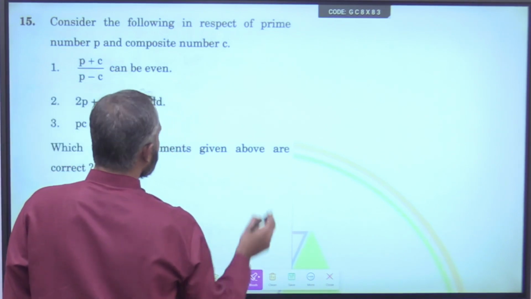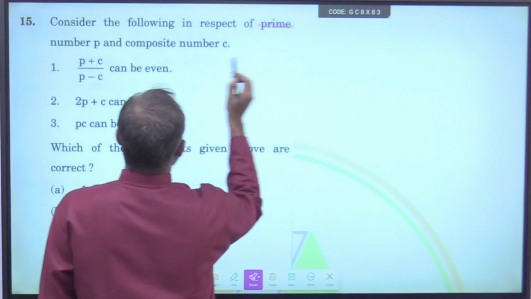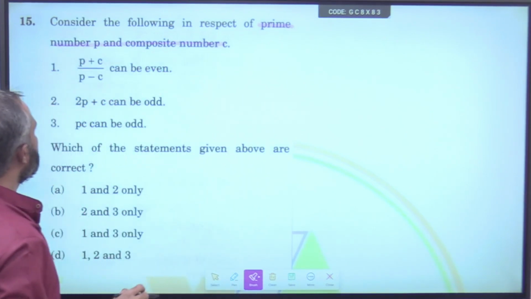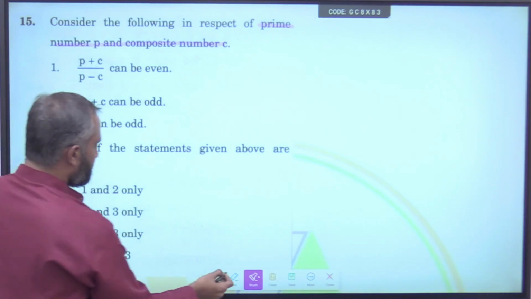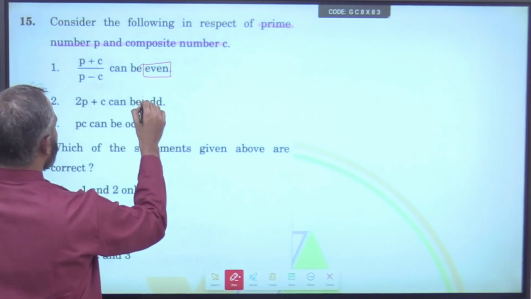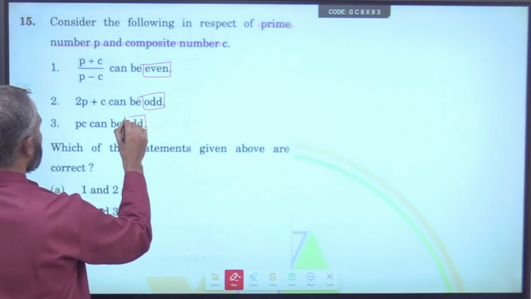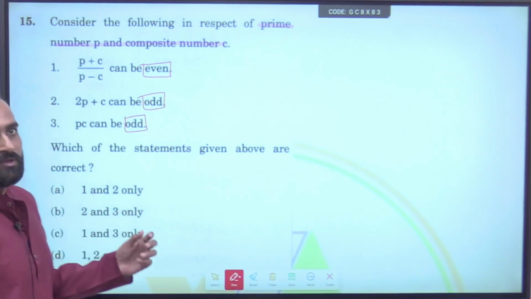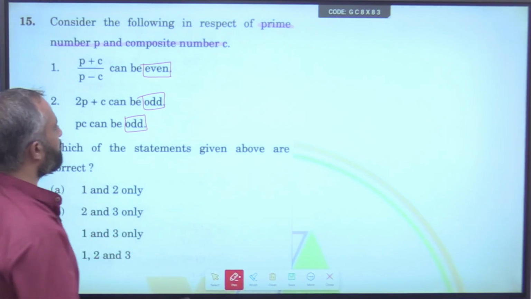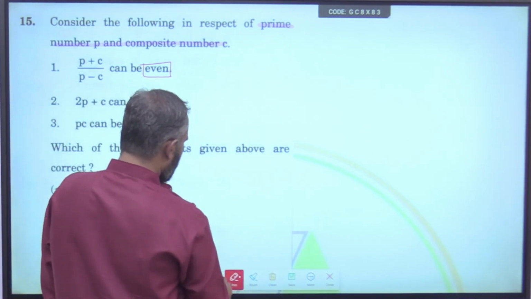So, our attack points are prime number P and composite number C. Now, what is the result in the question? He is asking, can these be even? Can these be odd? So, we need to further look into primes and composites and see how many are odd or how many are even. Now, let me explain the basic concept here.